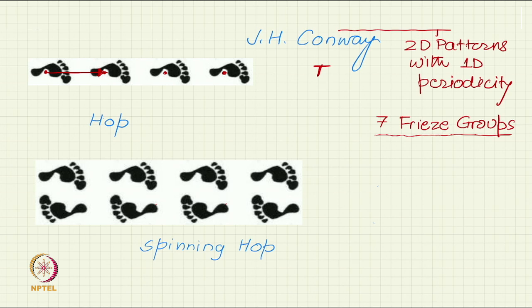But in a Frieze group, first of all the object is not 3 dimensional but only 2 dimensional, and even a 2 dimensional object can have 2 dimensional periodicity like in floor tilings or wallpaper. But in a Frieze group, although the pattern is 2 dimensional, translation or periodicity is only in 1 dimension. This is what you are seeing, and this particular hop pattern has only translations, and that is a minimum requirement anyway for any periodic pattern.